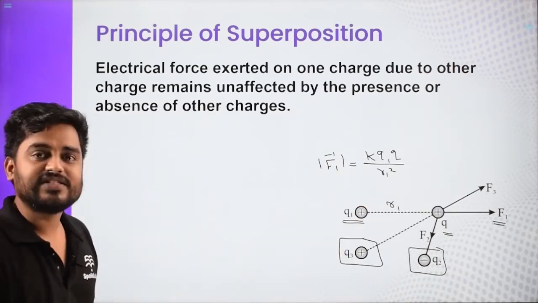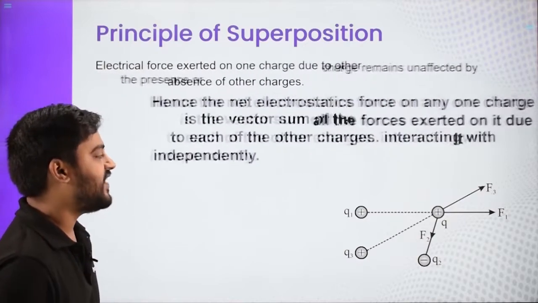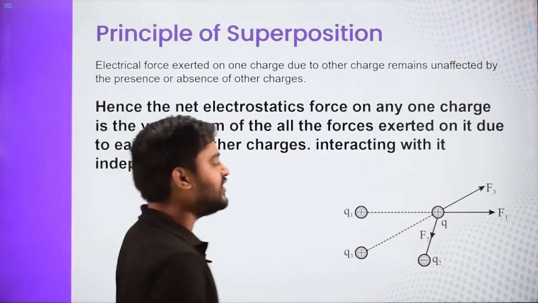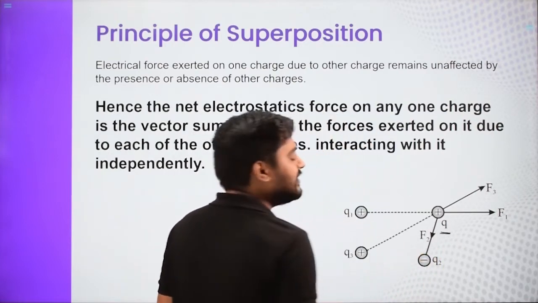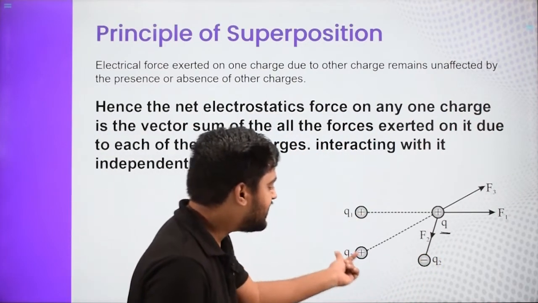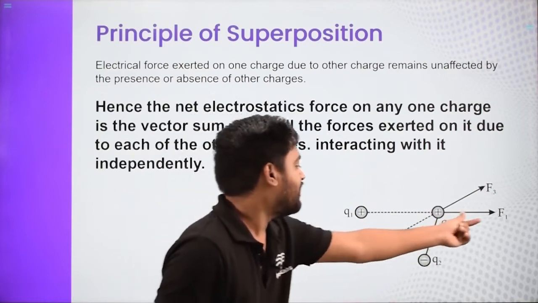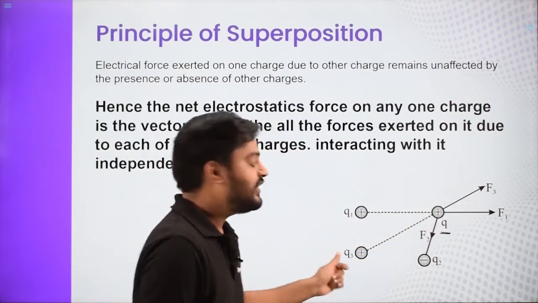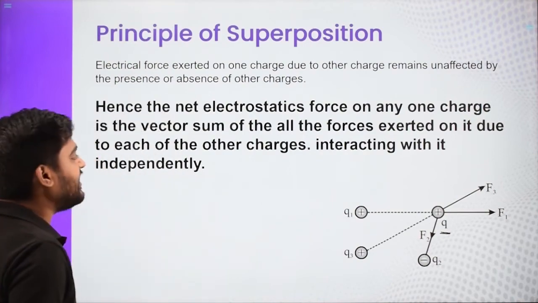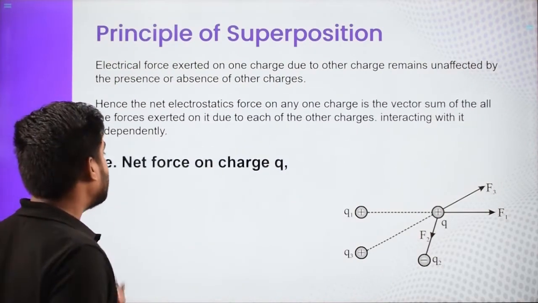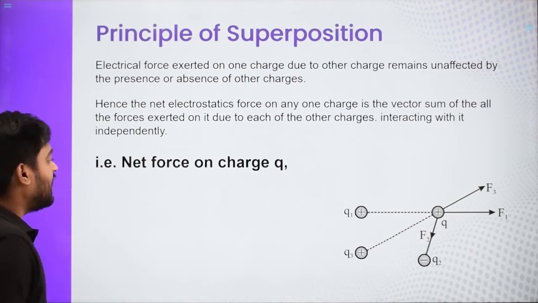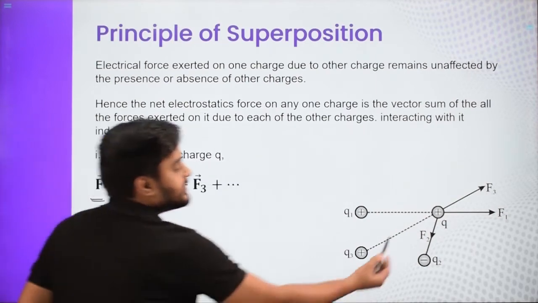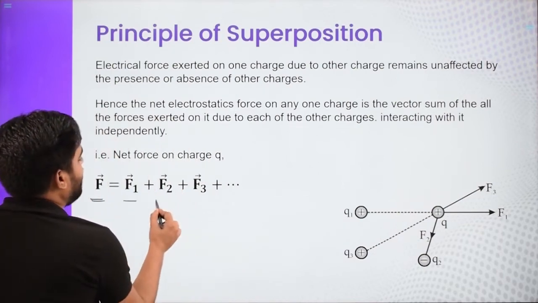How can we utilize this fact? If I want to get the net force on this small q, then I can find all the forces due to the other charges individually on it, which is F1 due to Q1, F2 due to Q2, and F3 due to Q3, and do the vector addition of all of them. The net force on small q is the vector addition of 1, 2 and 3.